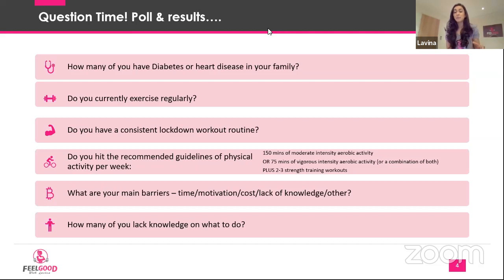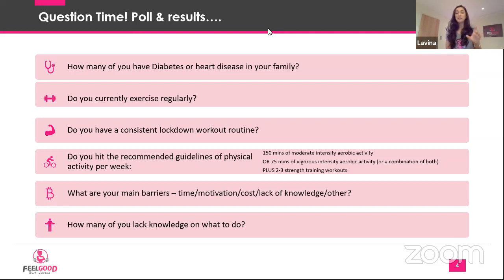Fitness is probably the top one, where you start the year off and say, I'm going to start exercising, I'm going to join the gym, and I'm going to smash it this year. It's amazing that within 3 weeks, so many people can't keep that resolution. So I did a big piece about the barriers of why people can't carry that on, and time and motivation are the biggest two.